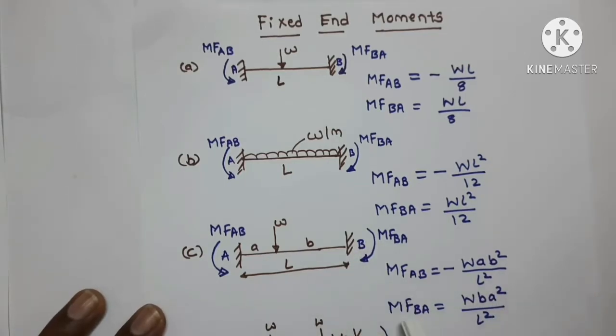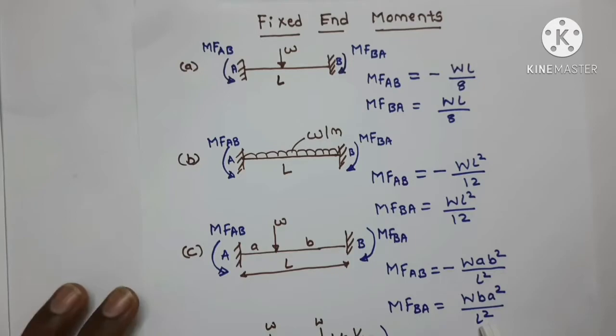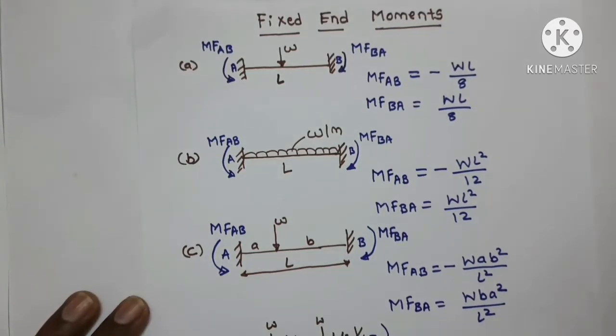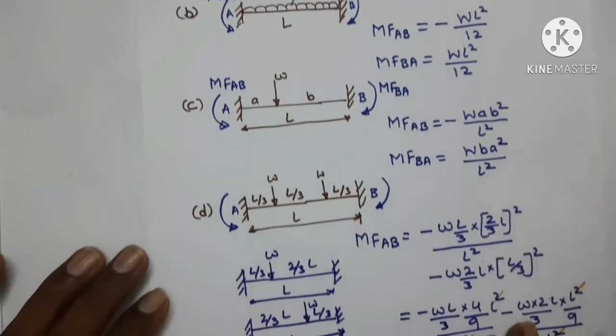And for this end, I will write MFBA is equal to W B A square upon L square. So this is the condition given. After this, we will go with the next conditions.